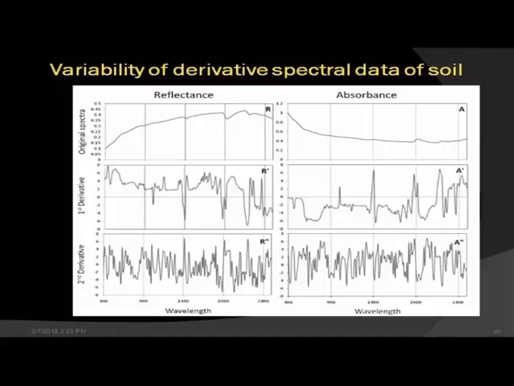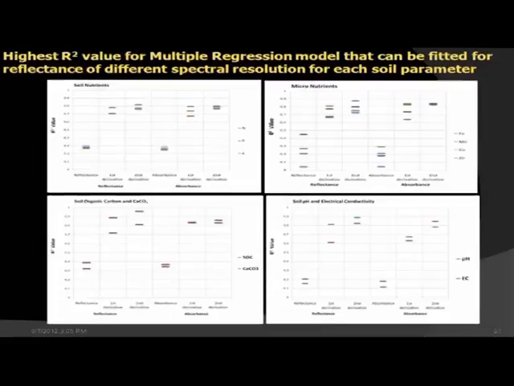Using the first and second derivative of reflectance, and the first and second derivative of absorbance, we would like to evaluate which of these 6 spectral parameters looks good for predicting the soil parameters. Again, for all those parameters, we developed the prediction equations with respect to reflectance, first derivative, second derivative, absorbance, and first and second derivative of absorbance. You see the R square values of the prediction equations.